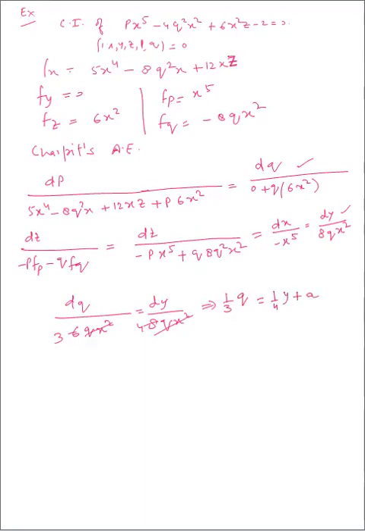This is arbitrary constant. So 4q is equal to 3y plus 3a, so q is equal to 3(y plus a) upon 4. So we got q value. We can find out value of p.